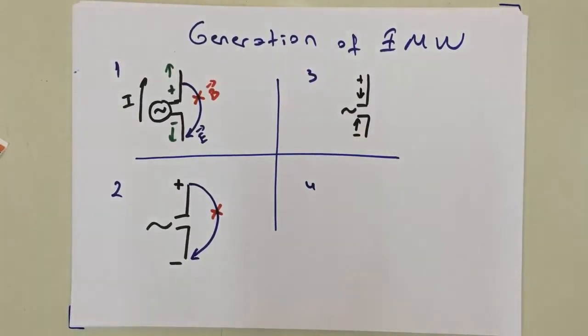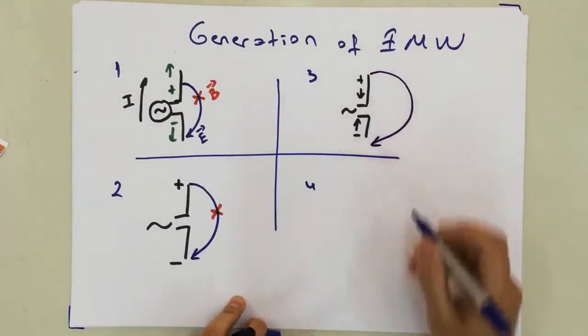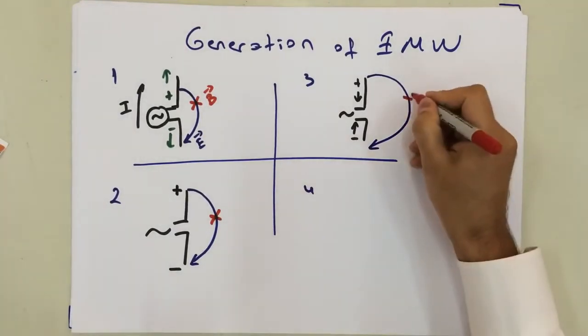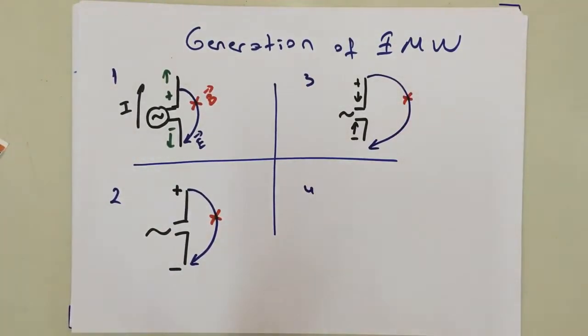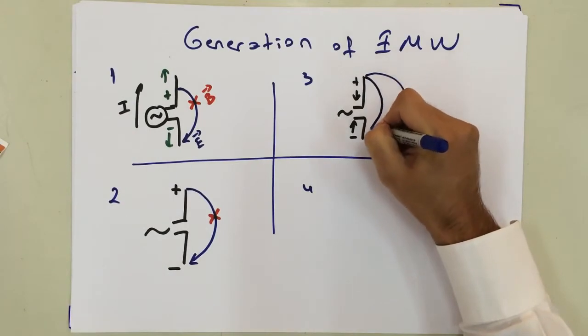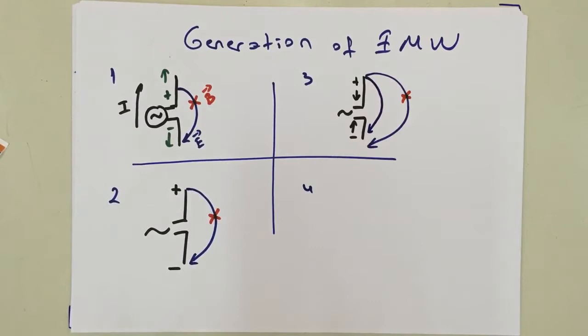At that time, a new field is produced. This is the first one. This is the electric field, and this is the magnetic field. Then the new wave is produced. Still the direction of the electric field is from upper to lower, because the upper side is still positive and the lower side is negative.